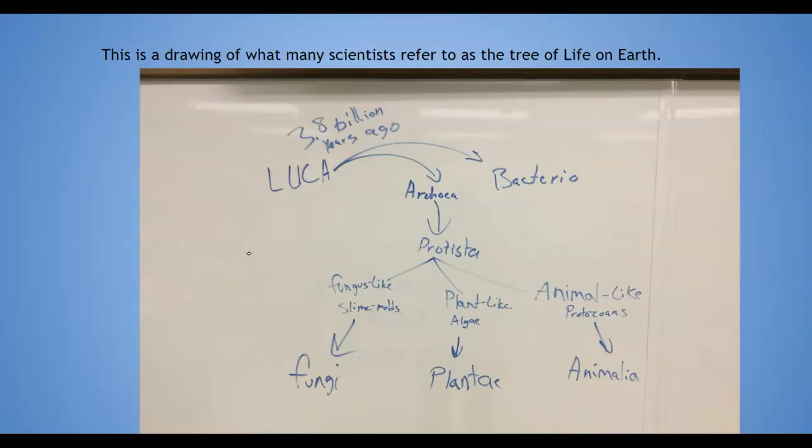The fungus-like are called slime molds, plant-like are algae, and the animal-like are what we call protozoans. The fungus-like are the evolutionary jump between protists and fungi. Plant-like eventually become plants, and animal-like eventually become animals. Now, we're not talking about overnight. We're talking about millions, sometimes billions of years in the process.